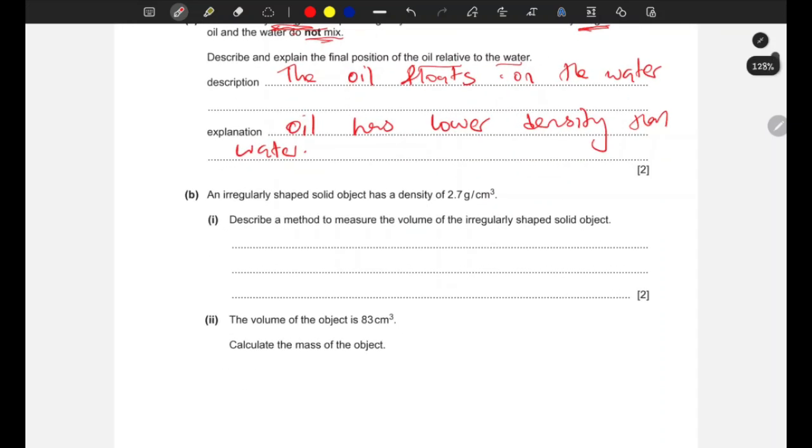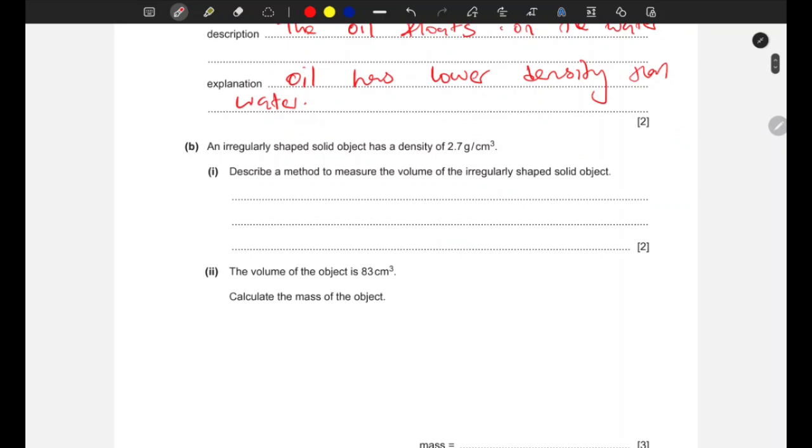Part B. An irregularly shaped object has a density of 2.7 gram per centimeter cubed. Describe a method to measure the volume of the irregularly shaped solid object. So to find the volume, we can have a measuring cylinder. Let me just redraw that.